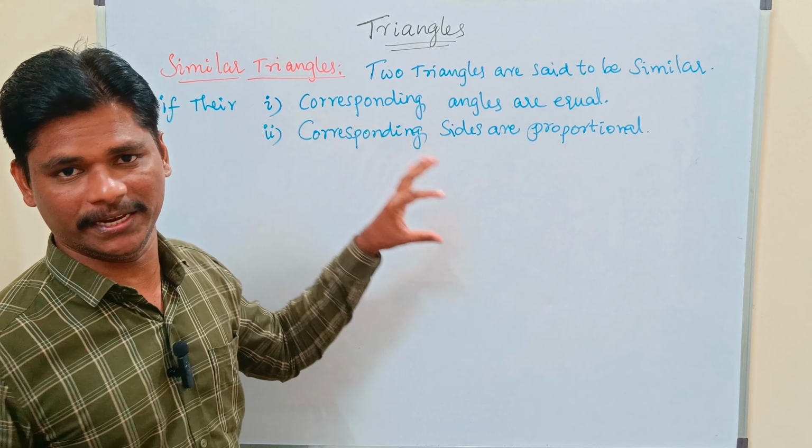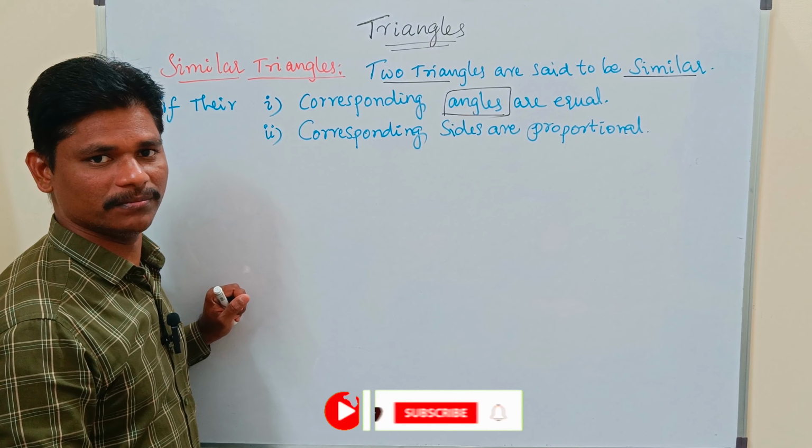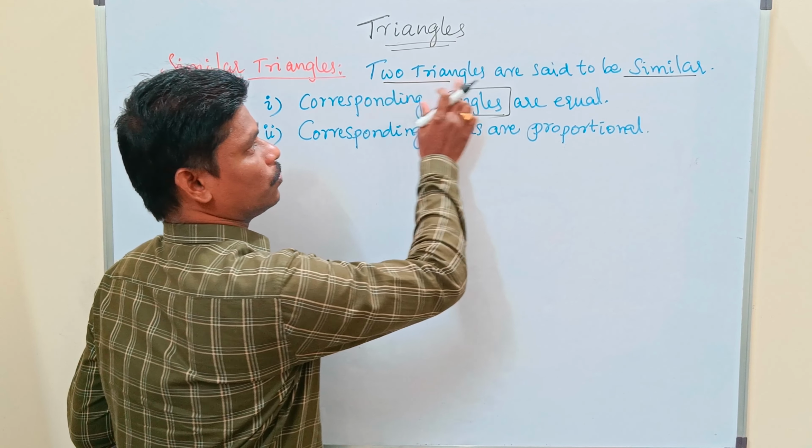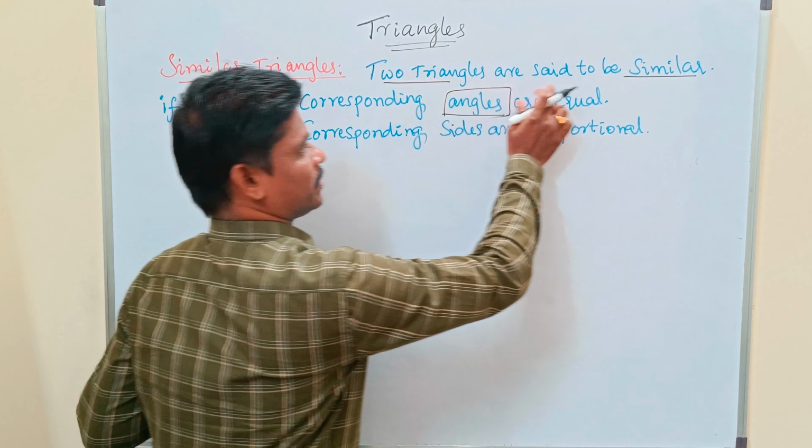What are similar triangles? Two triangles are said to be similar if their corresponding angles are equal, and also their corresponding sides are proportional.